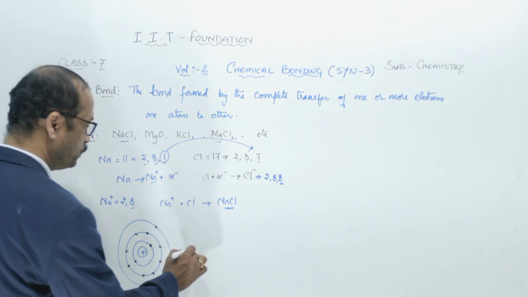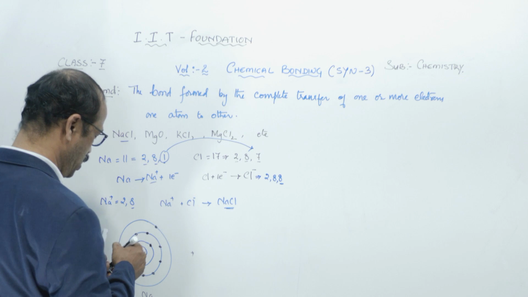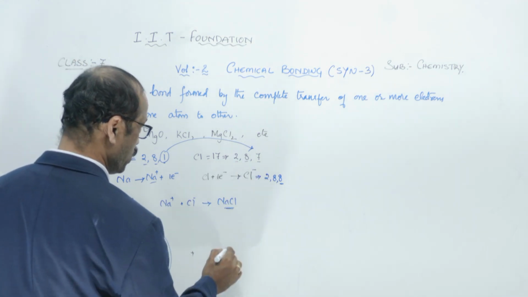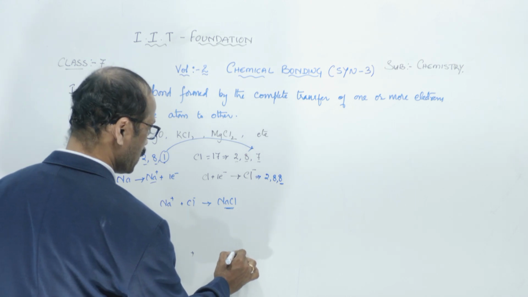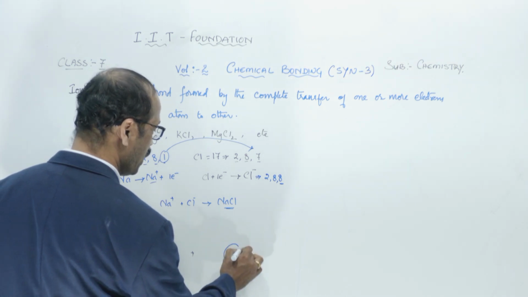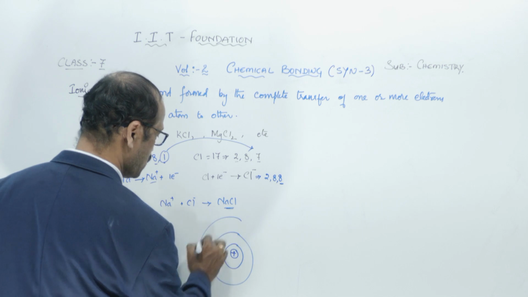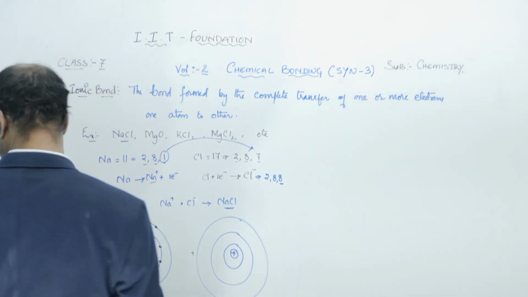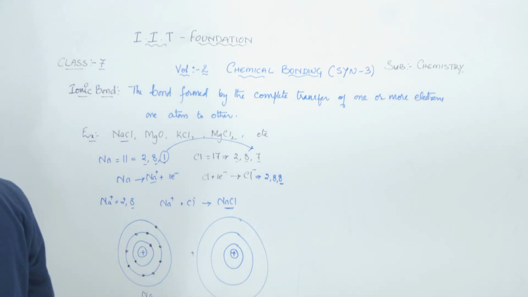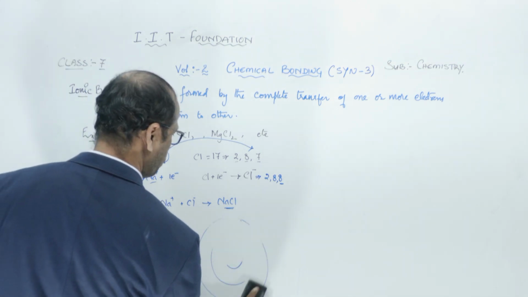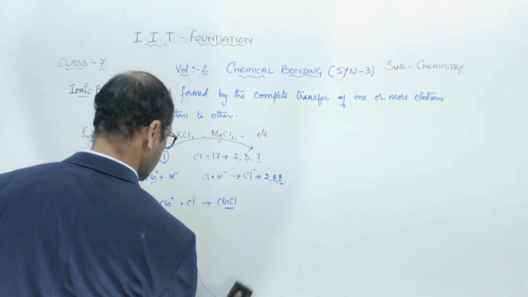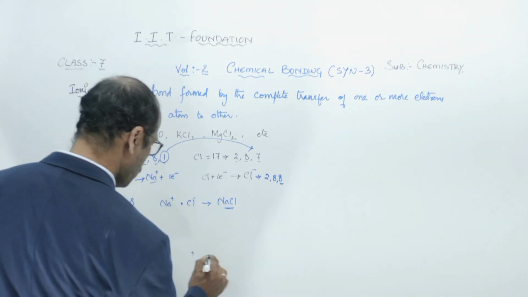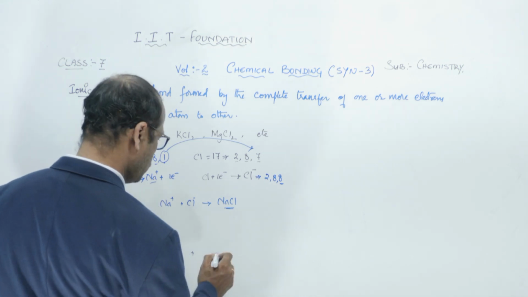Now it is combining with chlorine. For the chlorine structure also we write 2, 8, 7. So this is the nucleus, this is the first shell, second shell, third shell. Here it's looking a little big, so I'll rub it and make it smaller.